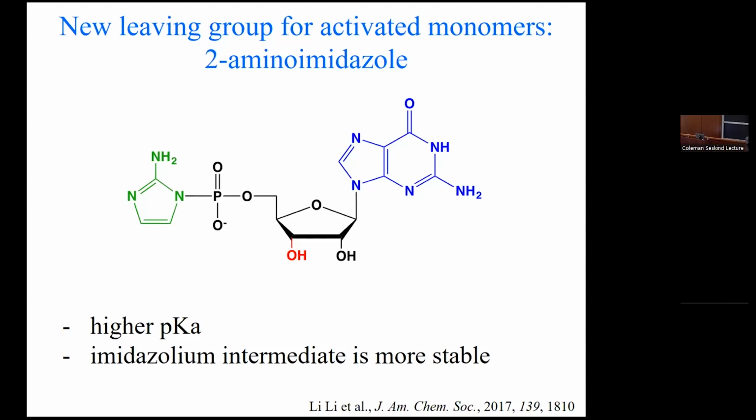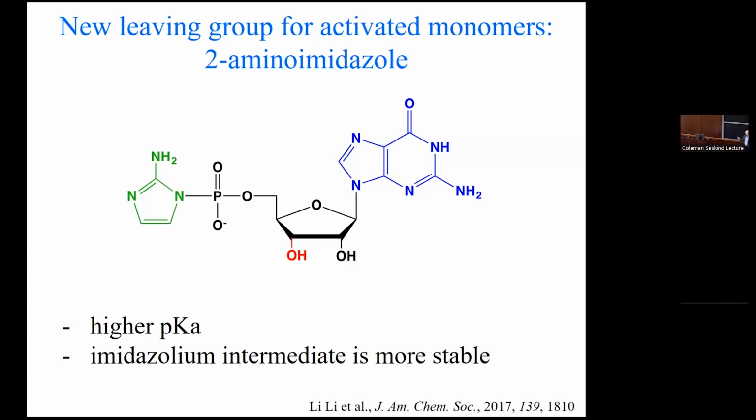And the other thing that's kind of satisfying about it is that the chemistry to make this leaving group fits perfectly into a scheme for actually building up nucleotides from small starting materials. So you can make this and the key intermediate on the pathway to making nucleotides in the same reaction mixture.